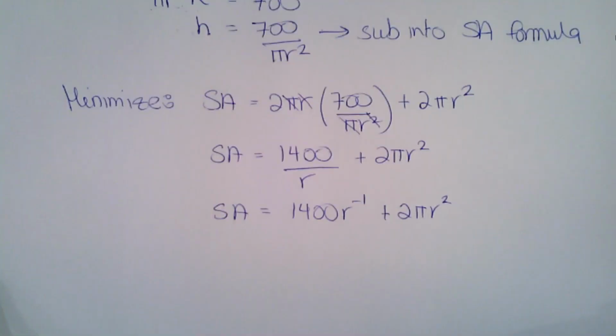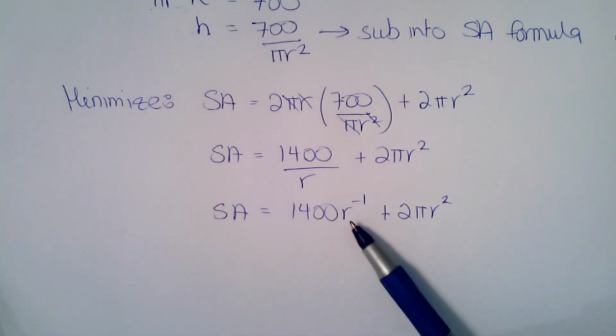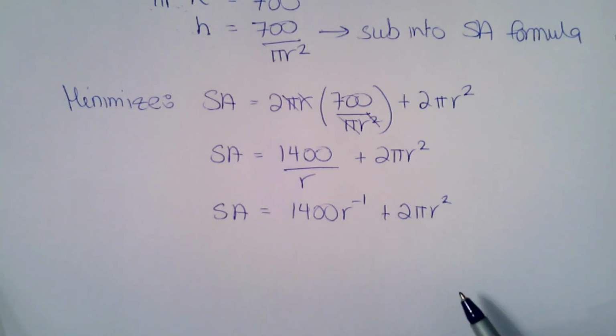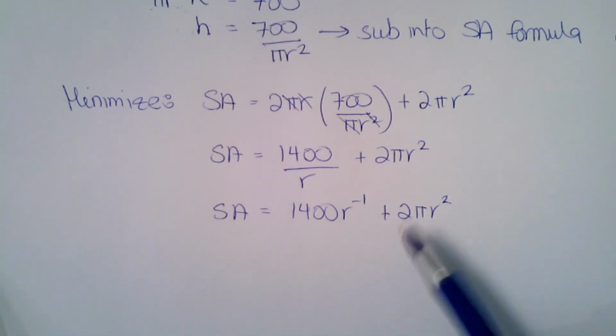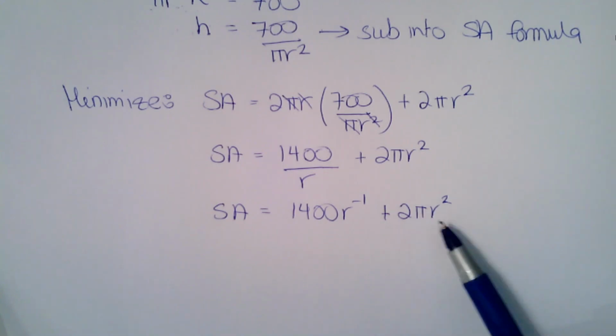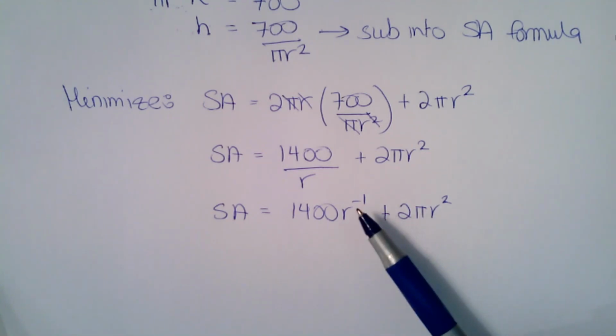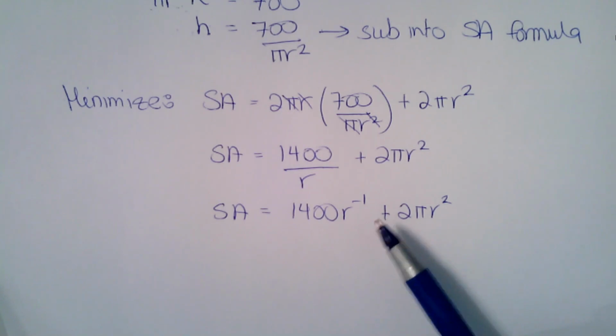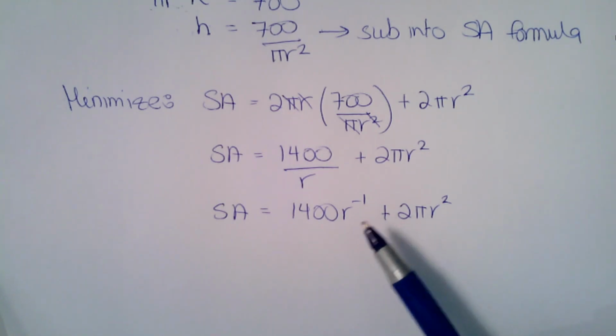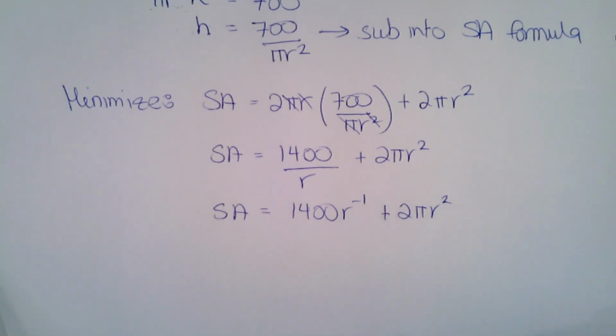I figured out how to turn this equation for surface area into a formula with one variable, the radius. Because it did ask me to find the dimensions, there's going to be multiple things I have to find here, the radius and the height. So I'm looking for 2 numbers for my answer. But once I have one answer, I can easily find the other. So I write the formula in terms of one variable, and then I'll worry about the second one when I'm done.